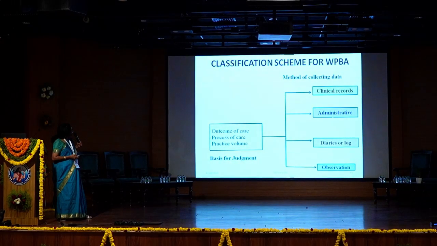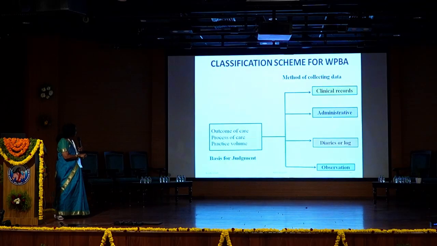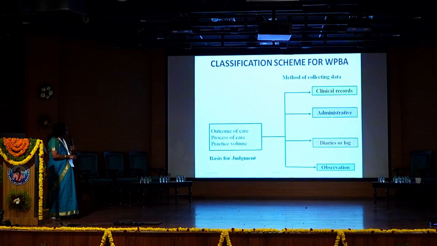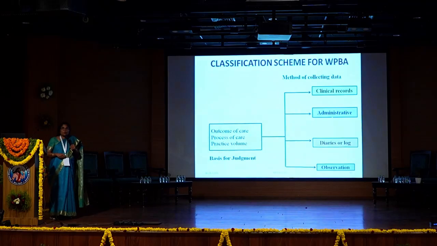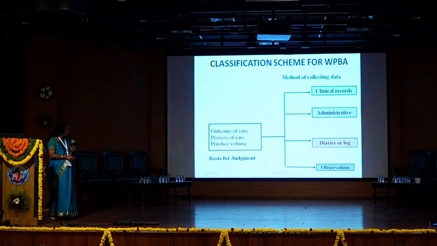So the classification scheme of a workplace assessment, you remember: the outcome of care, the process of care, and the practice volume. This is the basis of judgment. In that we have clinical records, administrative reports, a diary or a logbook, and observations. These are the methods of collecting the data.